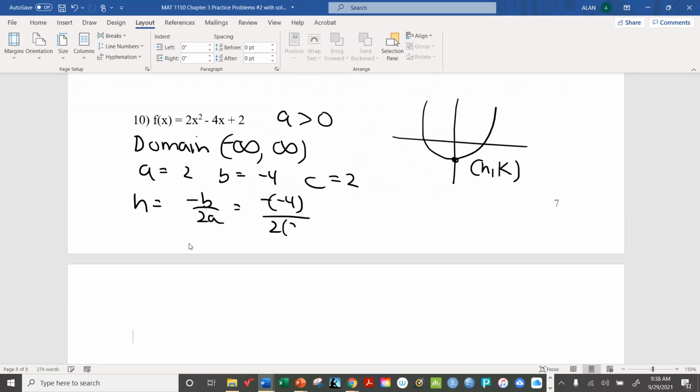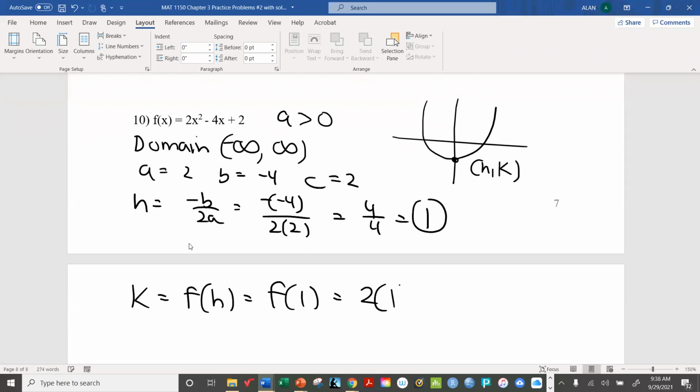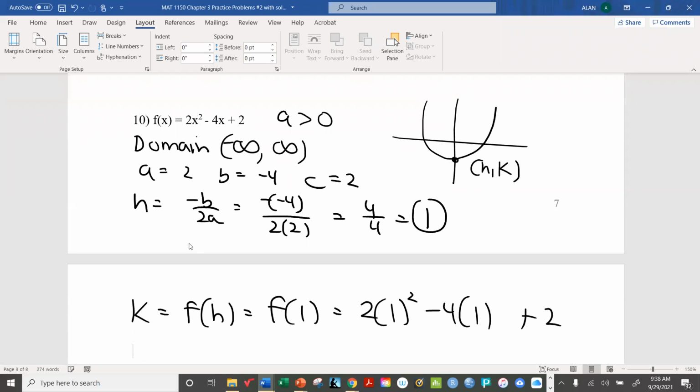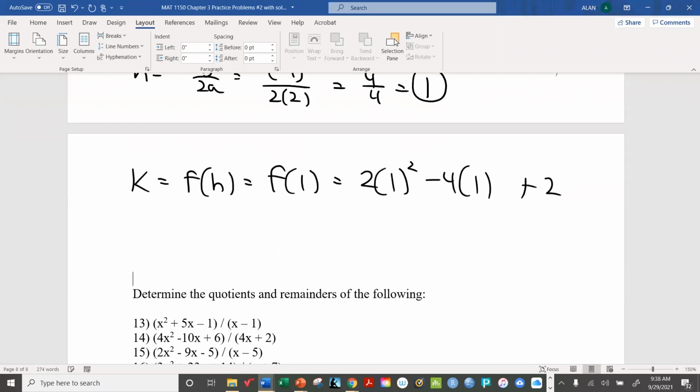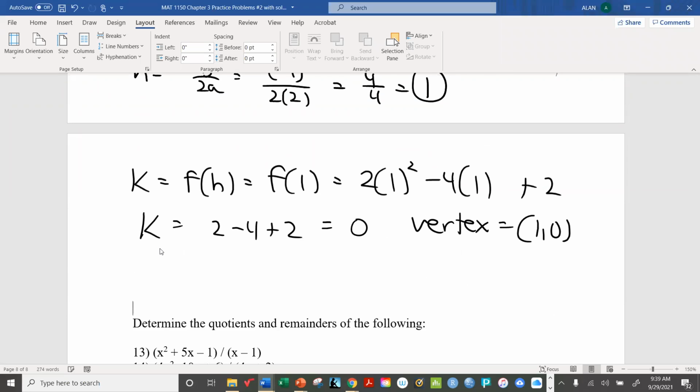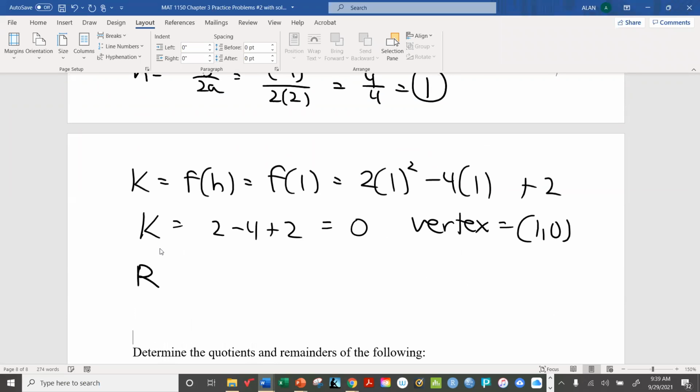Careful of that sign. All right, and therefore K is f of h, or f of 1, 2 times 1 squared minus 4 times 1 plus 2. K equals 2 minus 4 plus 2, 0. Interesting. The vertex is 1 comma 0. And so the range is therefore everything from 0 up to infinity.